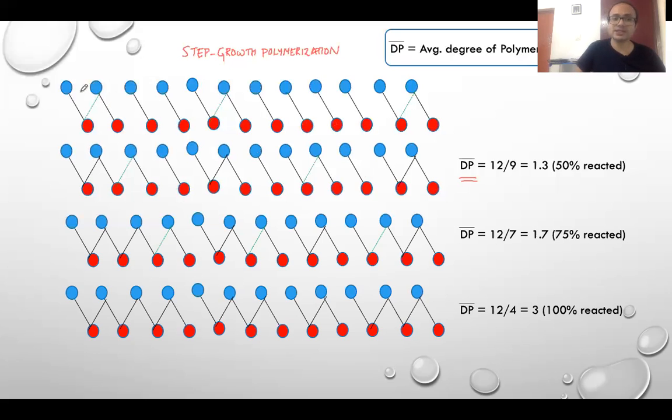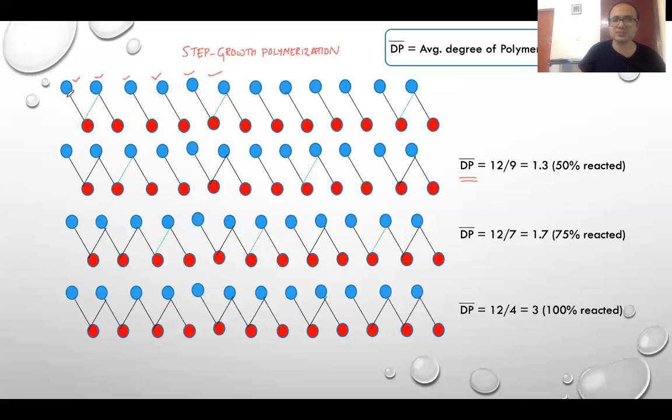In chain growth, suppose I activate this particular monomer. When I say 50% of the molecules have reacted, I have to react approximately 1, 2, 3, 4, 5, 6, so 6 monomers have to react.